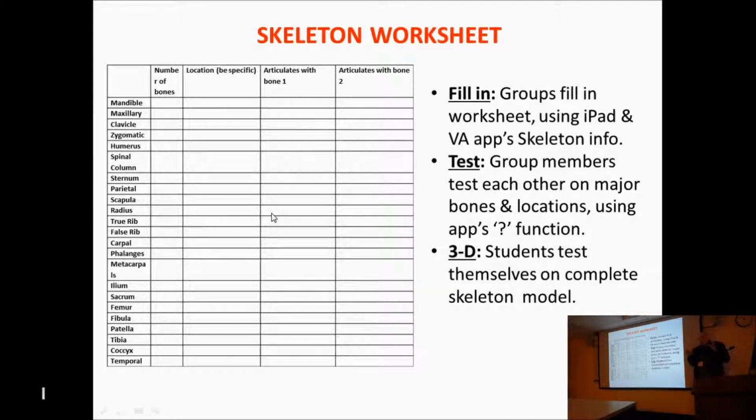It motivates the students to use the app for a goal-oriented purpose, to fill out different categories for each bone: how many bones there are, where the bones are located, where the bone attaches to other bones. But then don't stop there. Then fill in the worksheet, test yourself, and then test yourself on the skeleton model, or as we'll see, on the muscle model or on themselves.